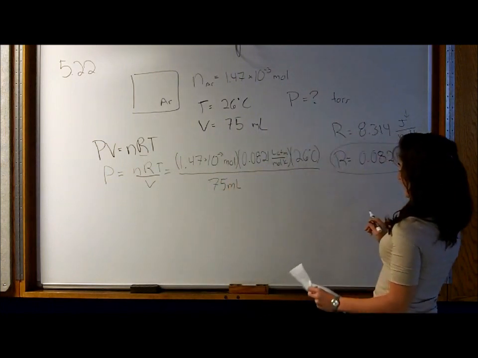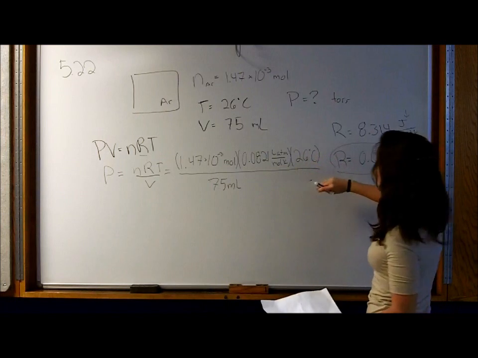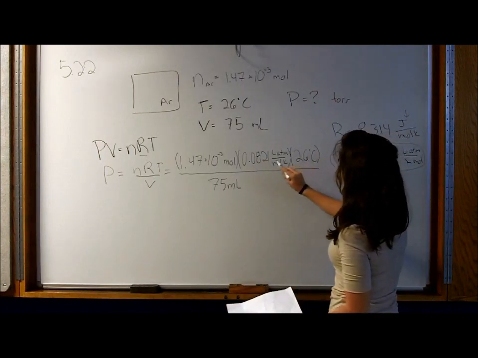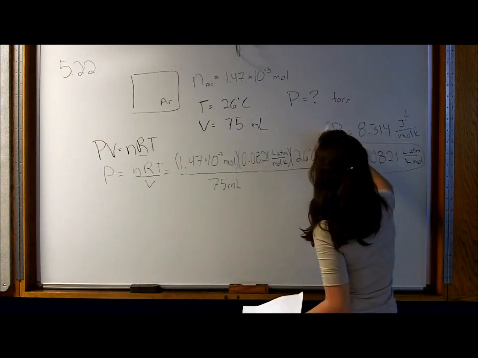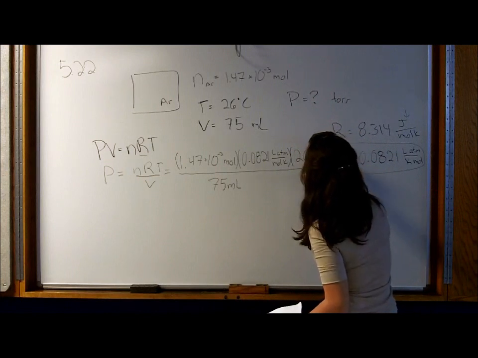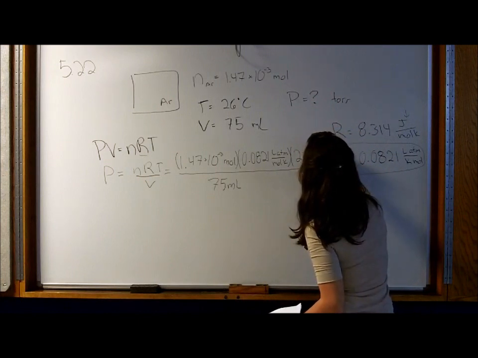Now, I don't know if you see the problem here, but temperature is in Celsius. We don't want Celsius because our R is in Kelvin, so we'll fix this by adding 273 to get kelvins.